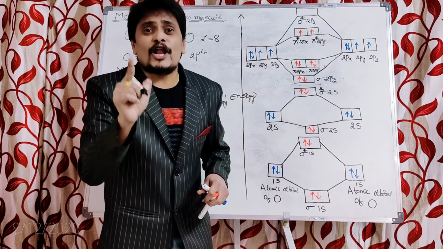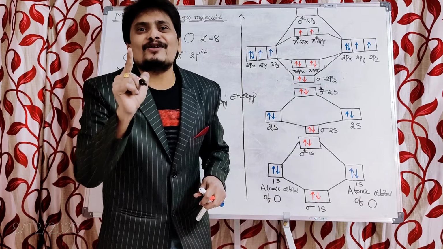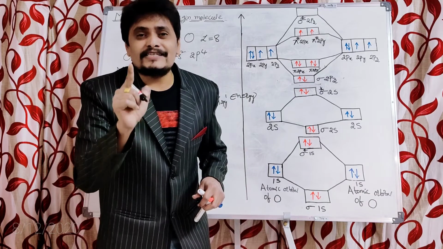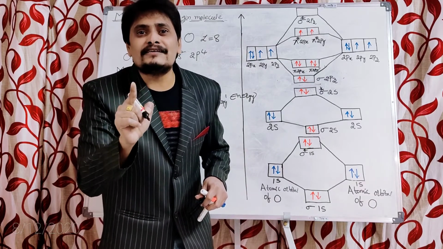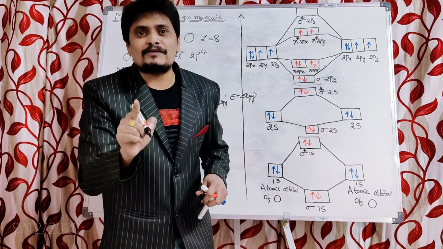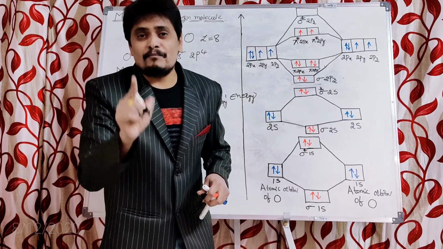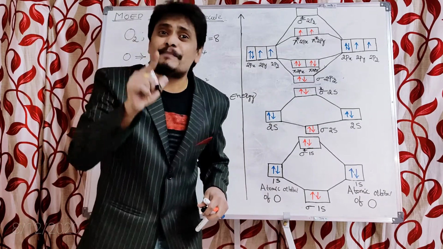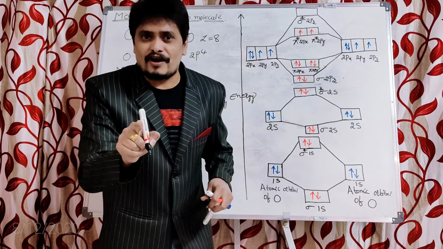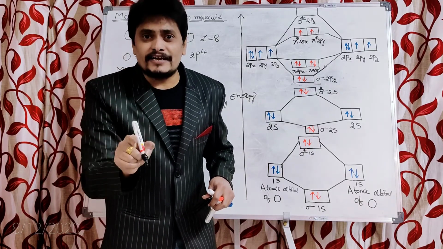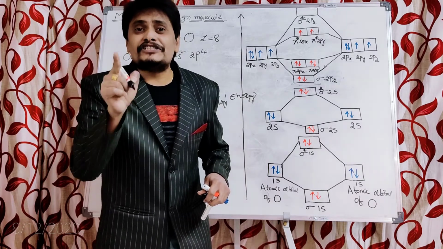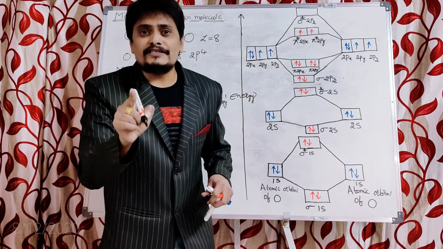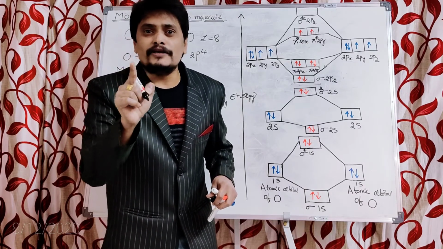As unpaired electrons are there in pi star 2px and pi star 2py, we can say that the oxygen molecule is paramagnetic. According to its structure it is diamagnetic, but practically it has been proven to be paramagnetic, and this is evident from molecular orbital theory with the help of the molecular orbital energy diagram.